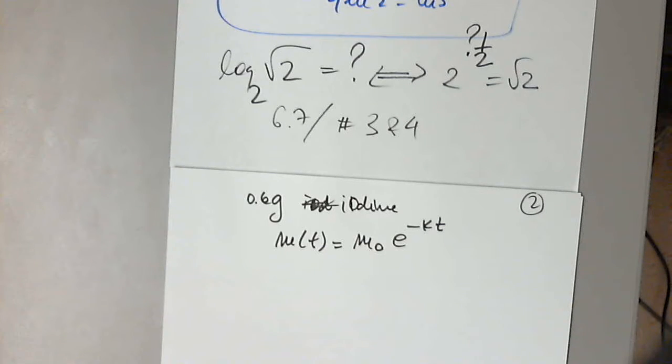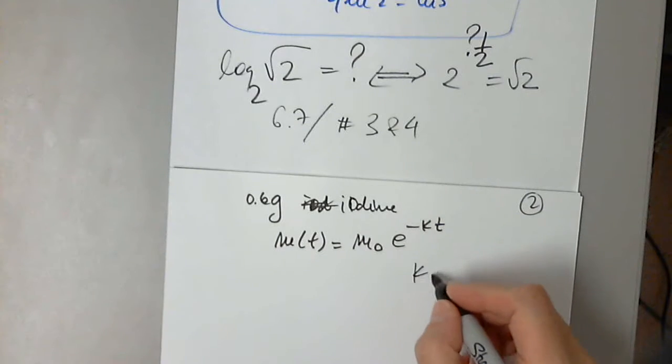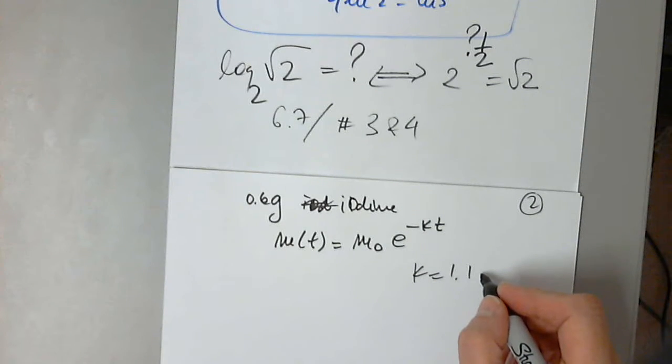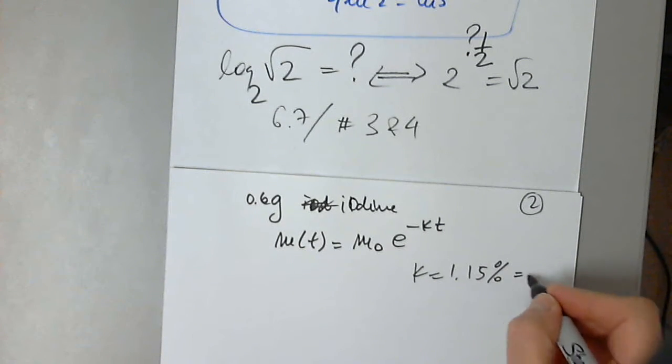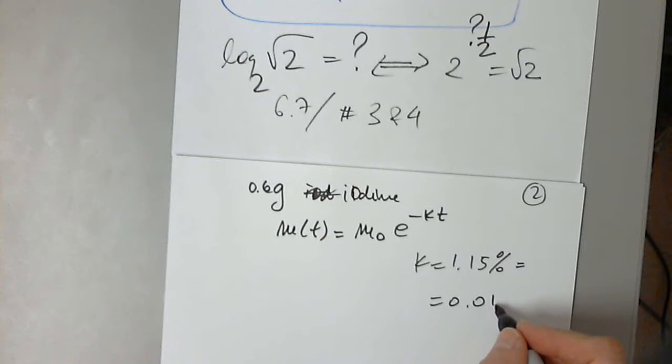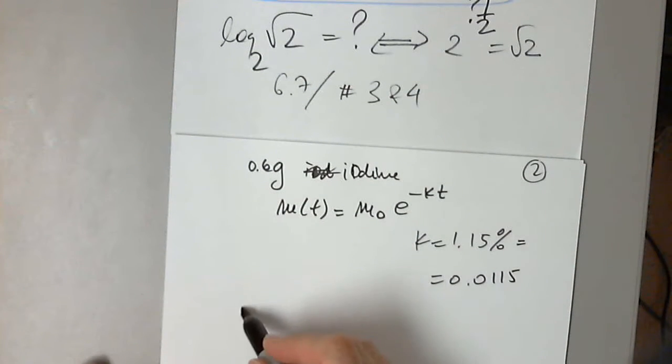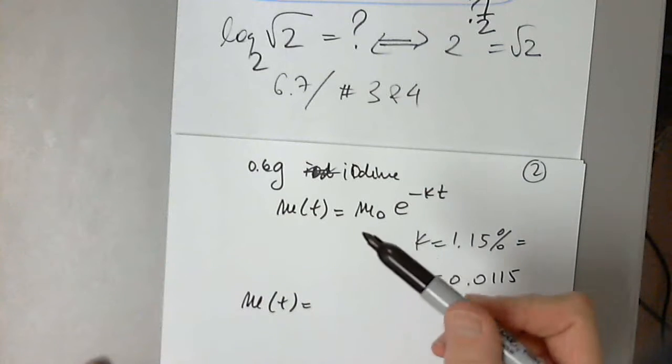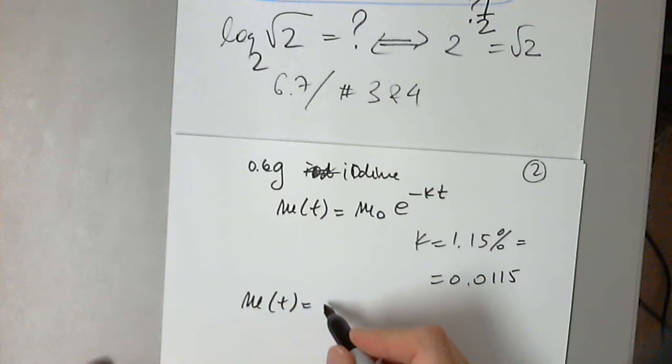And then the rate is the decay rate, yes, 1.15%. Okay, let me write that. So K equals 1.15%, and that is 0.0115. So M of T, everything is in grams, correct?